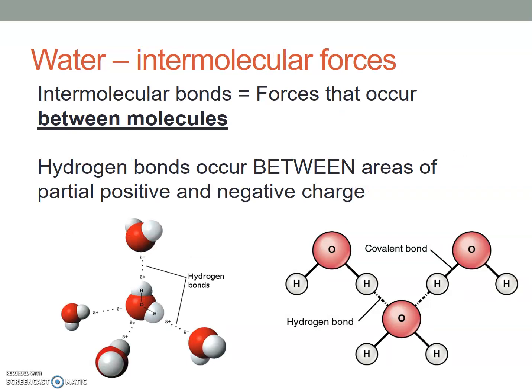Why this is important is because once you have that polarity and those partial charges, then you can start to form intermolecular bonds. And intermolecular means between molecules, and so these are forces that happen between molecules, and they happen between a hydrogen and an oxygen of 2 different water molecules.